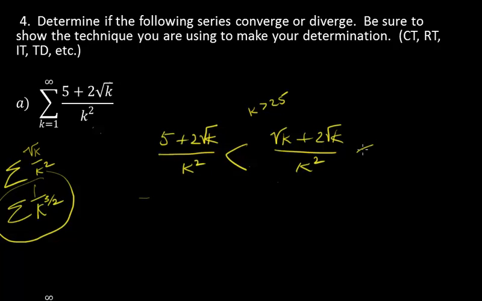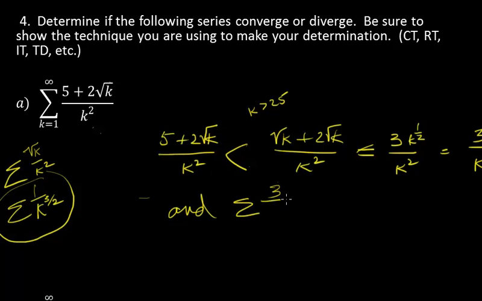That is equal to 3k to the 1/2 over k squared, which is equal to 3 over k to the 3/2, and sigma 3 over k to the 3/2 converges. So therefore our series here will converge by the comparison test.